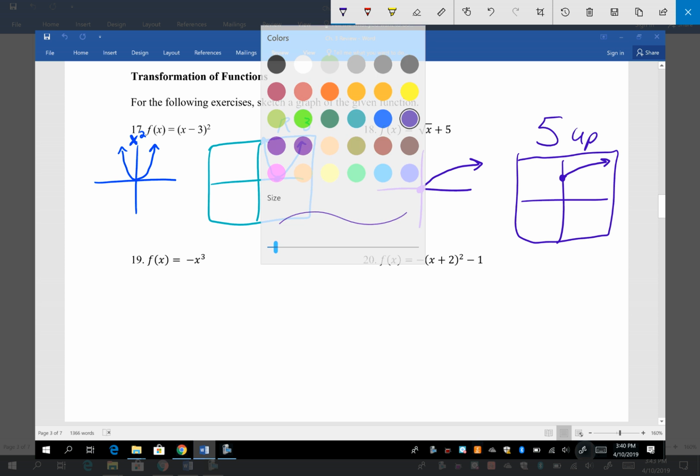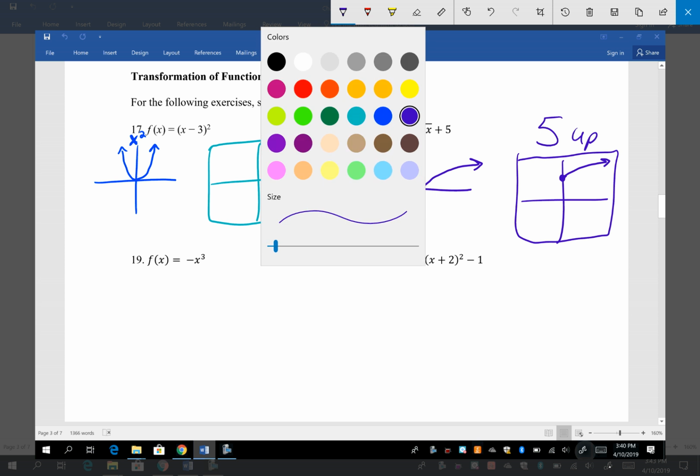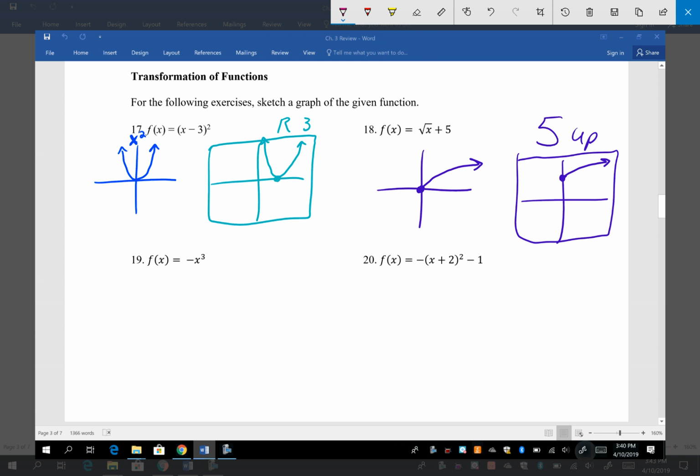Number 19. This is a good one. What function is happening in number 19? It's a cubic function. Do you know what x cubed looks like? Yes, and actually because it's x cubed, it only crosses at 0, 0.